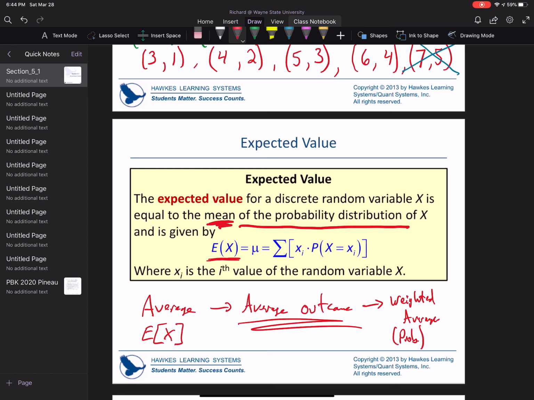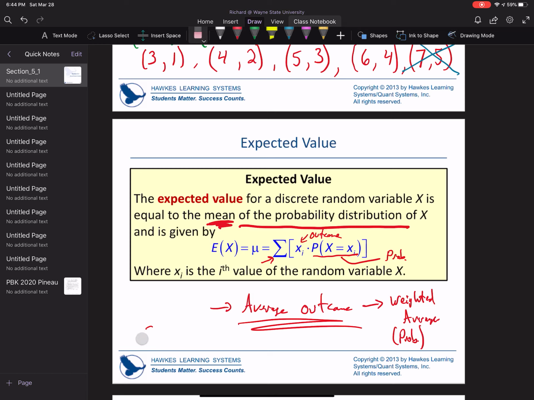Some textbooks use that. And look at the variable here, mu, indicating that it's an average. So that's why that stuff is coming back to us. What this is saying is we add up, there's the sum, the xi is the outcome, and look at this, this is the probability. So you are adding up the outcomes times their probabilities. That's what this formula is actually saying.